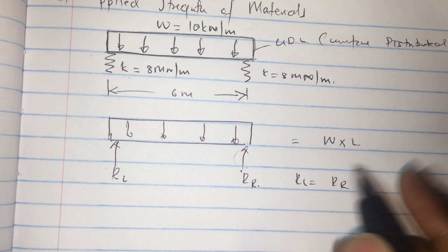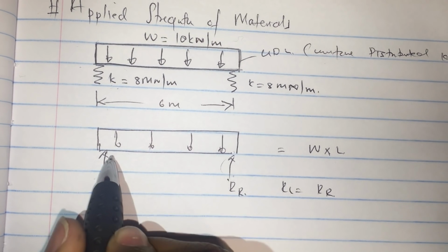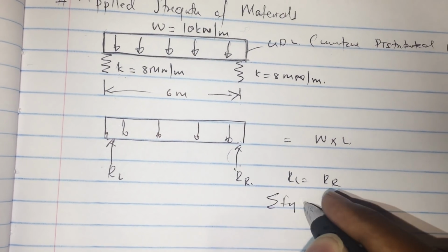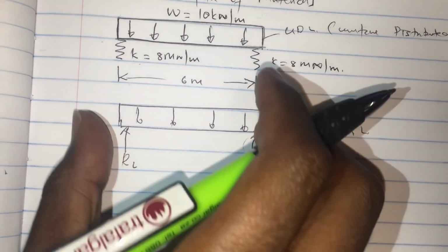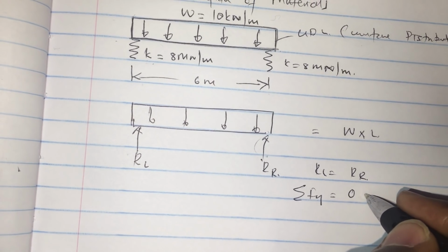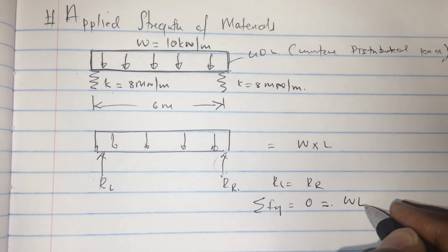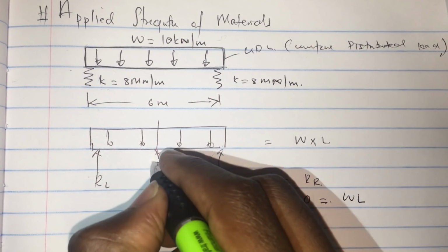So how do we determine this? We use the equation of the sum of forces in the y-axis, summation of forces in y is equal to 0, since this is statically determinate, in equilibrium. WL is the force going down, acting at this point.